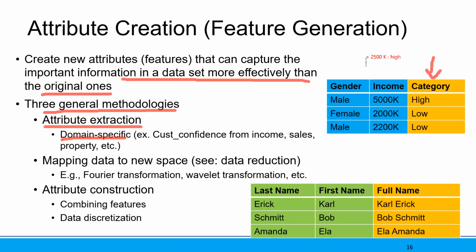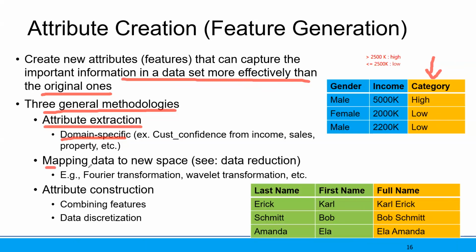If the income is lower than or equal to 2,000K, this is the low target for the marketing. So it is more representative, or more interpretable. We can know clearly the high possibility or low possibility.